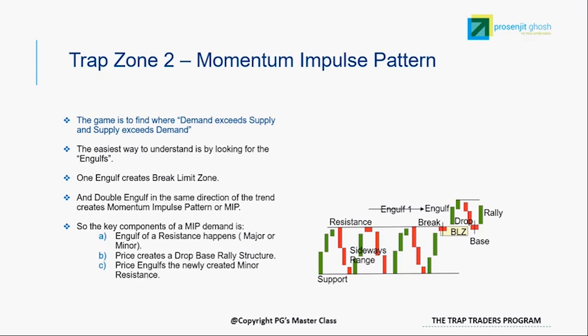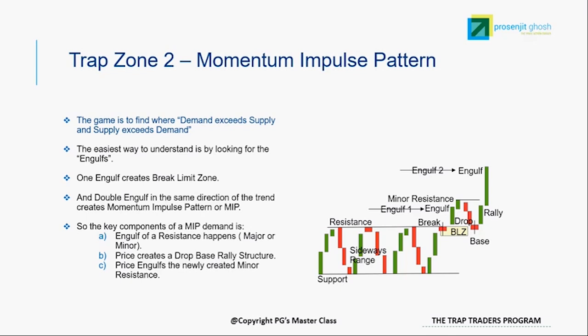And the third part is, after creating the drop base rally, price will engulf the newly created minor resistance. So this is my minor resistance here which got created just now, and price will engulf that. Once it engulfs the minor resistance as well, this is my engulf number 2.